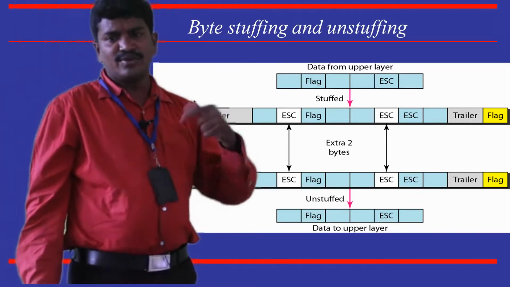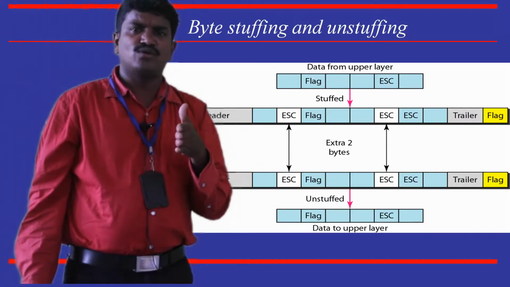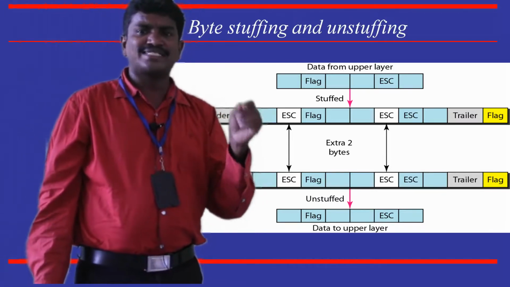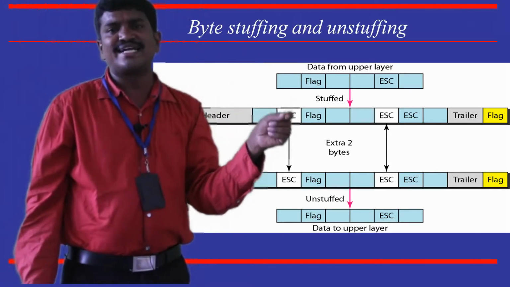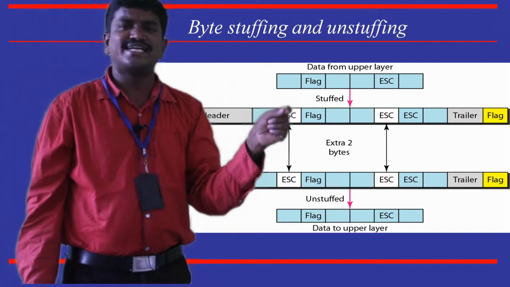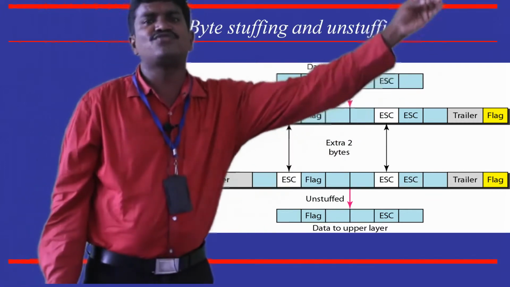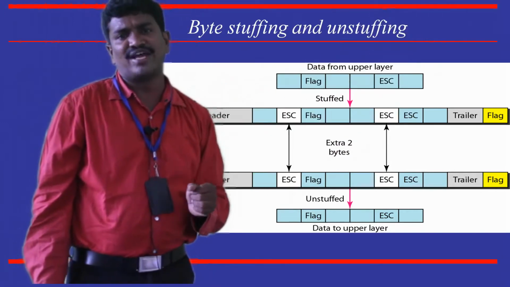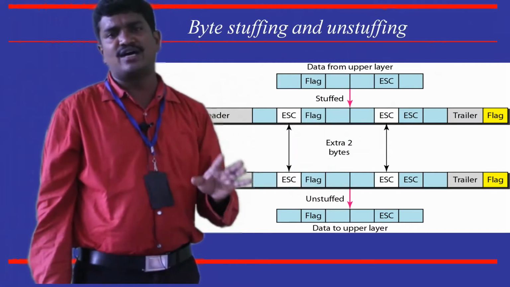Whenever the receiver is reading the content, it sees the first flag, the beginning of the frame, and continuously reads. Whenever it comes across an escape character, the next flag is never considered as the end of the frame. It is considered as data only. It simply accepts it and keeps on searching for the next flag. When the next flag occurs, it identifies it as the end of the frame.